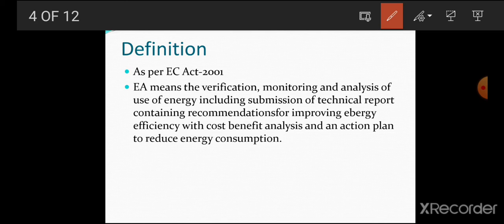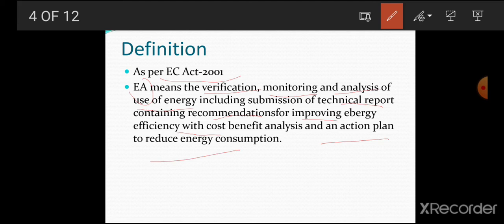So according to the Energy Conservation Act 2001, energy audit means verification, monitoring and analysis of use of energy, including submission of technical report containing recommendations for improving energy efficiency with cost benefit analysis and action plan to reduce energy consumption.